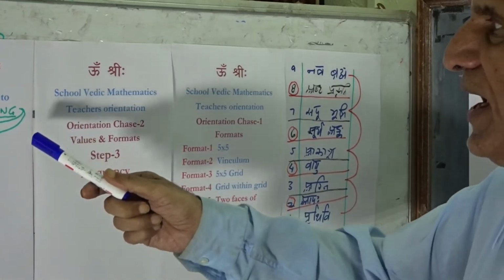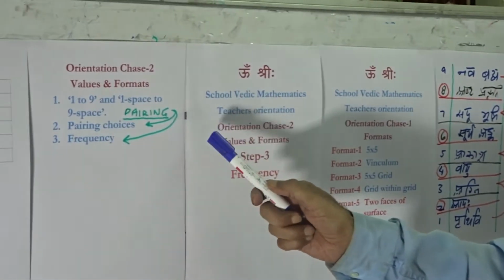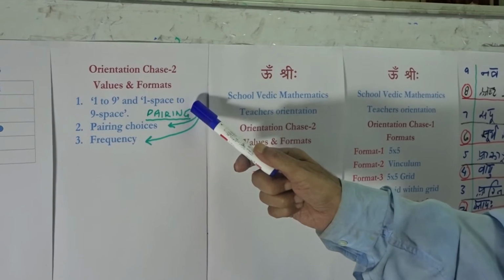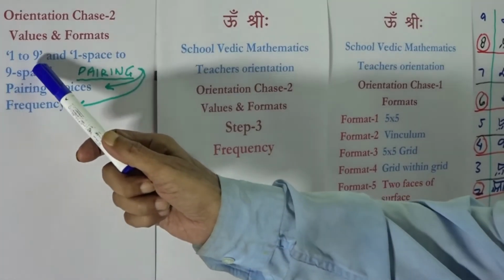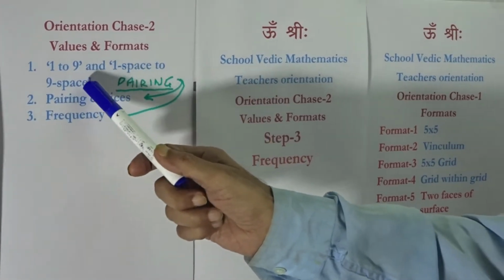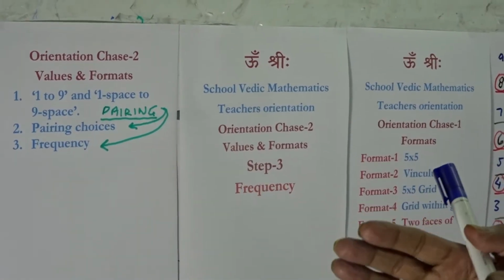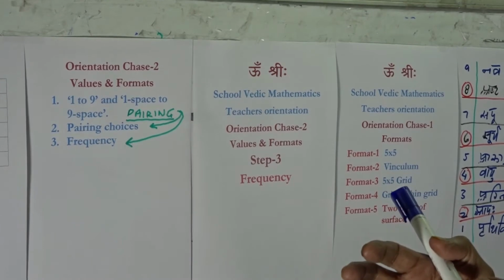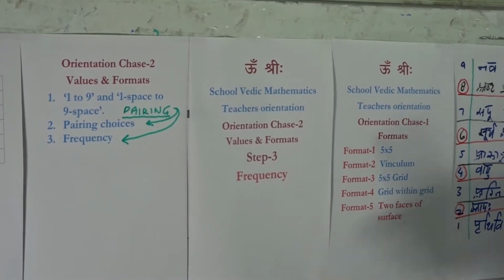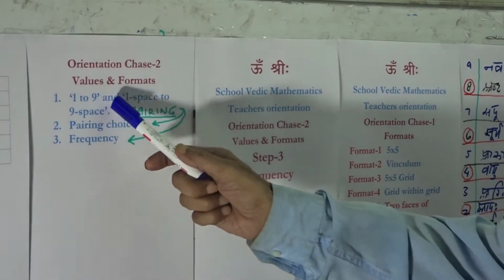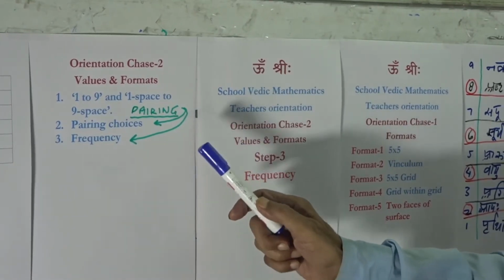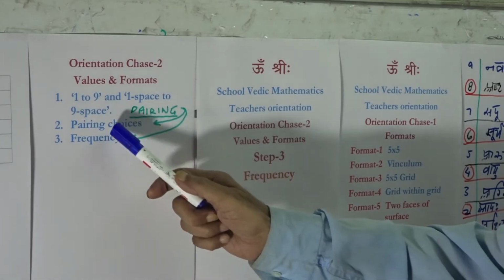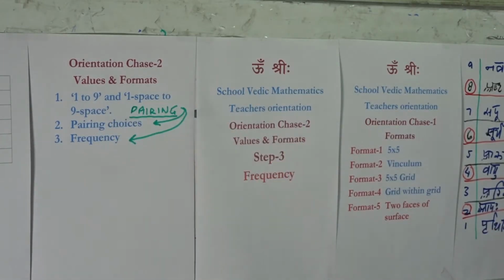Previously, we had initiated ourselves with respect to the concept of pairing, where we availed values 1 to 9 and 1 space to 9 space as two distinct classified mathematical entities of values and formats. At the next step, we had reached pairing choices.